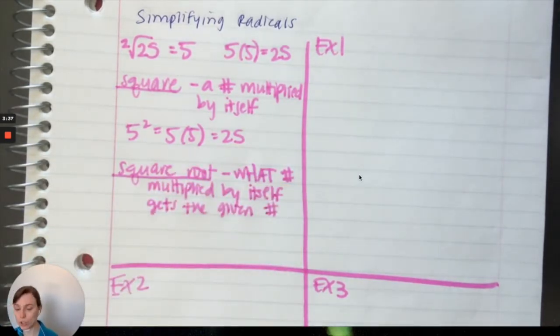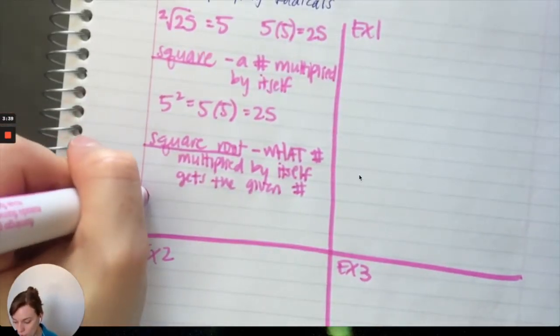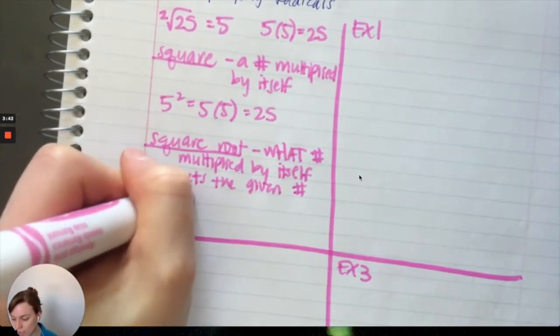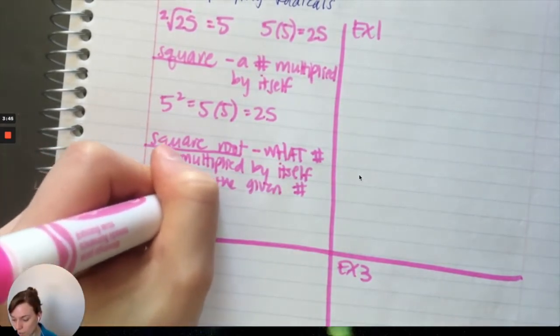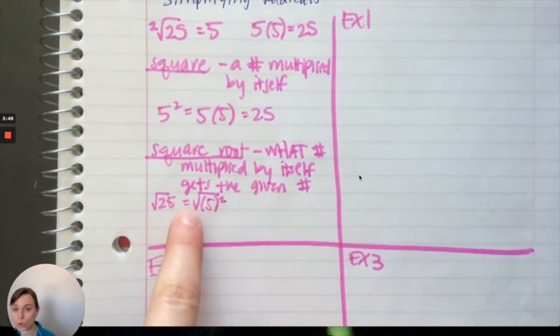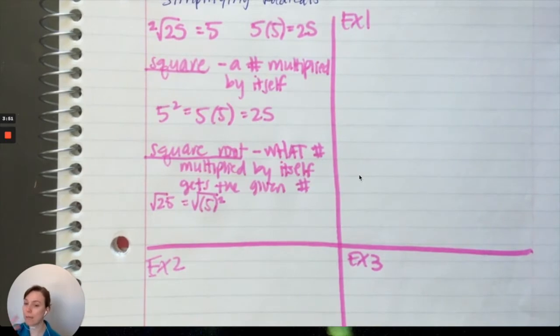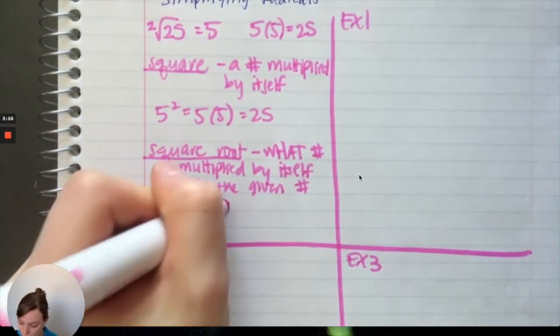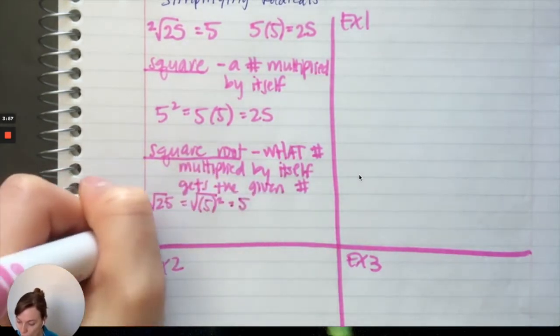So if we want to see it this way, the square root of 25 can be rewritten as the square root of 5 squared. But when you square a square root, or square root a square, because the order doesn't matter, as long as you do both of the same argument, that's going to leave you with that argument.